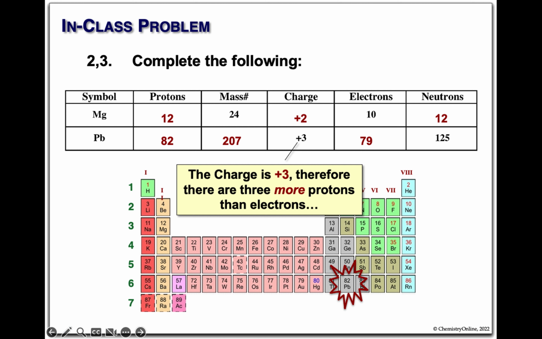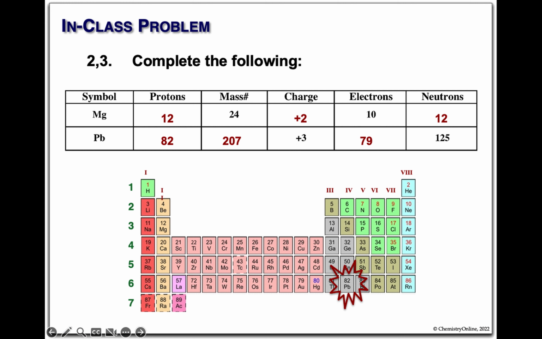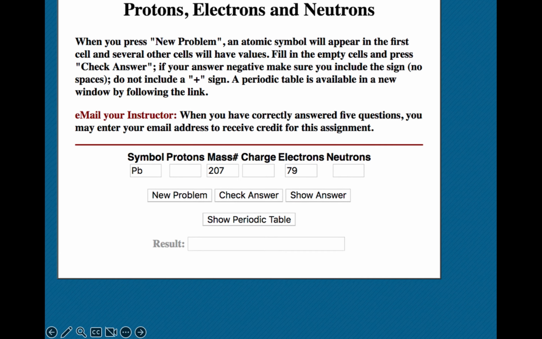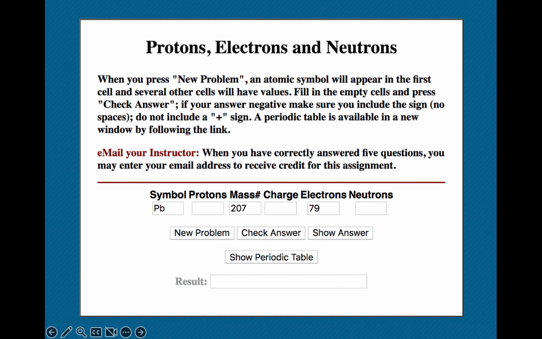Any questions? Once again, this came straight from the tutorial. We said 82 protons. Our charge here would be plus 3 because we have 79 electrons, and I believe 125 neutrons. Everyone good?